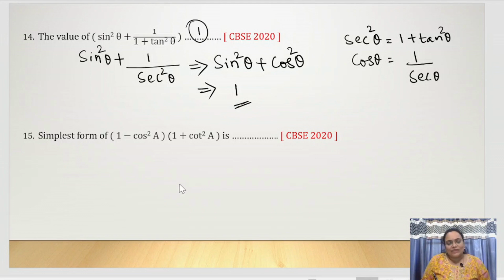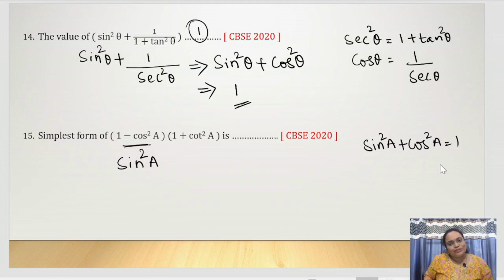Now let us see the next one. Simplest form of 1 minus cos square A into 1 plus cot square A. So see here, 1 minus cos square A can be written as sine square A. Yes, from the identity, we know that sine square A plus cos square A is equals to 1.